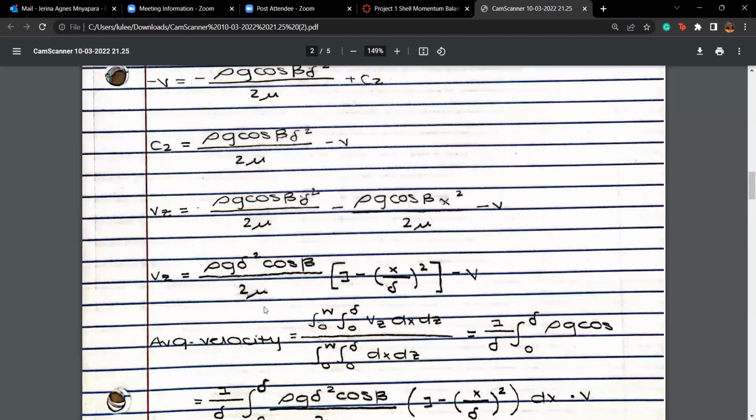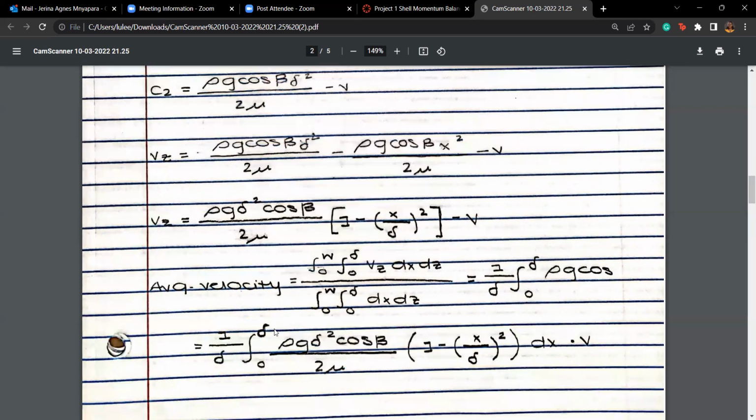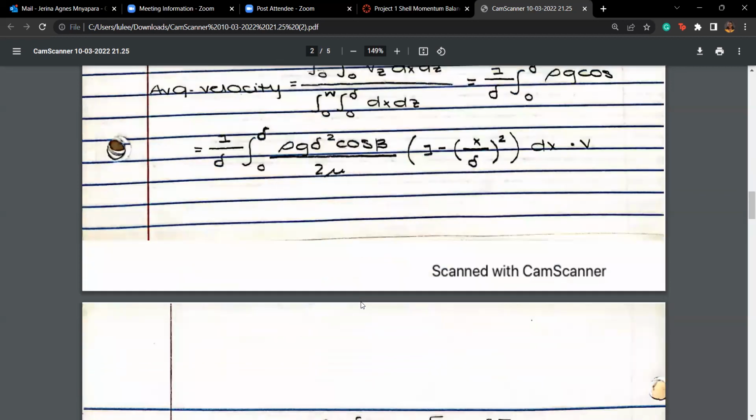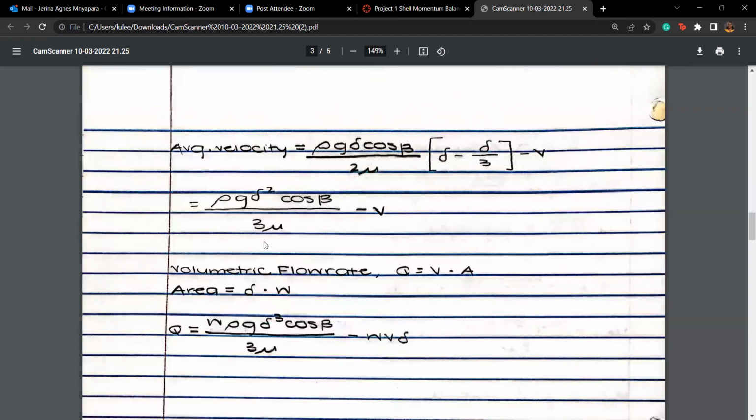And so to find the volumetric flow rate, we have to find our average velocity. We are able to find that using this equation, and we get our average velocity as rho g delta squared cosine beta over 3 mu minus V. And so we multiply that by our cross-sectional area to get the volumetric flow rate.